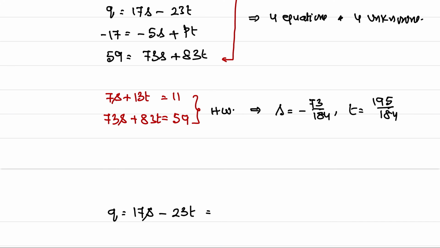That is equal to 17 into minus 73 by 184 minus 23 into 195 by 184.